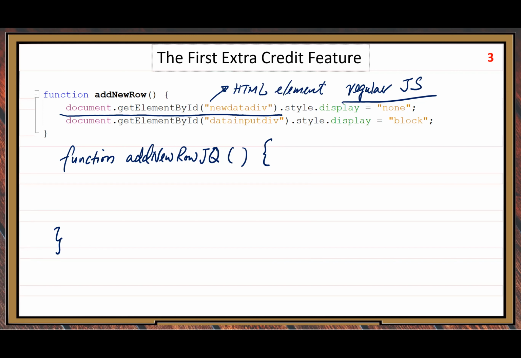And we have our jQuery way: $, parenthesis, double quotes, because here we use the ID, this hash sign. Then you copy this ID name, the new data div ID name, in double quotes, as the selector.